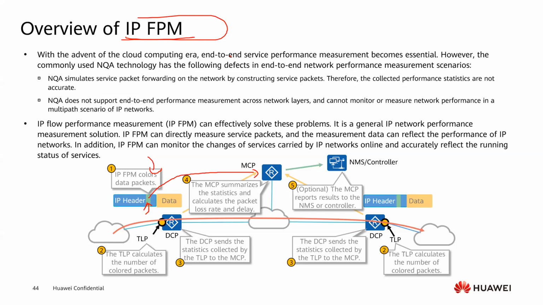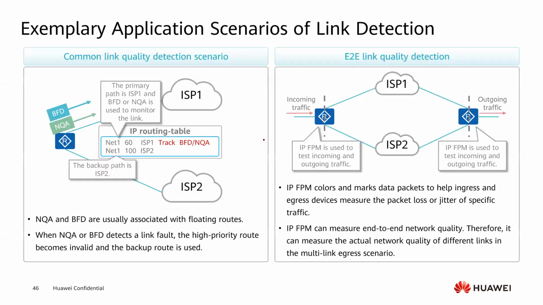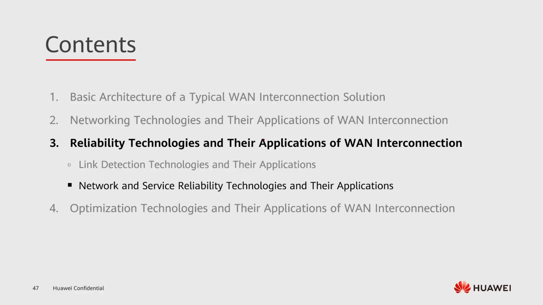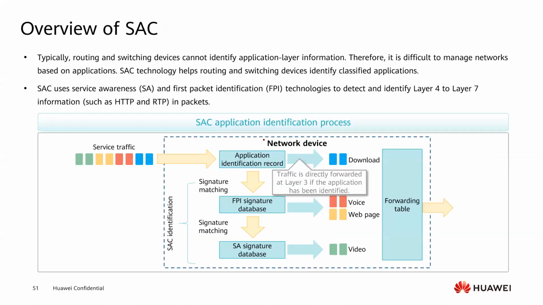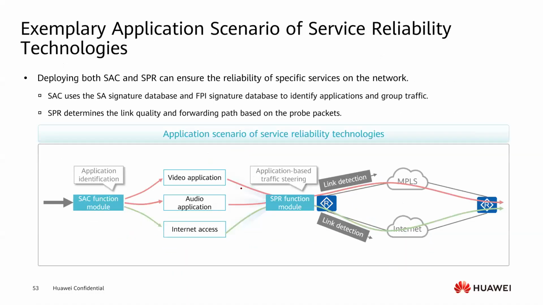Yes, it is only used to check the network performance, that's all. If you want to change the path, we use this SPR, smart policy route.